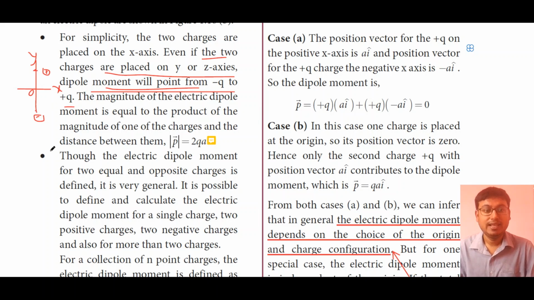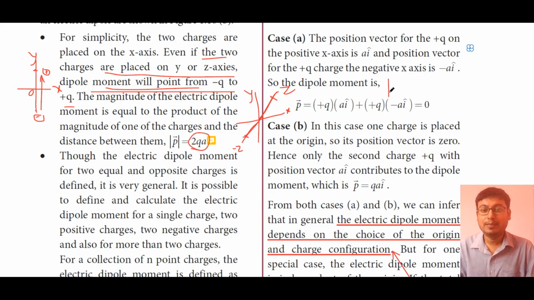If in another case we have the z-axis, with x, y, and z axes, suppose on the positive z-axis there is a positive charge plus q, and on the negative z-axis a negative charge minus q, and the separation between them is 2a. Then even in that situation, the magnitude of the dipole moment will be 2qa.